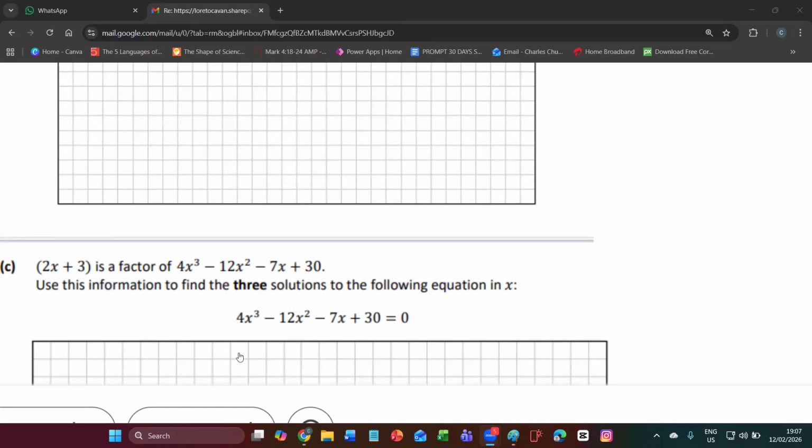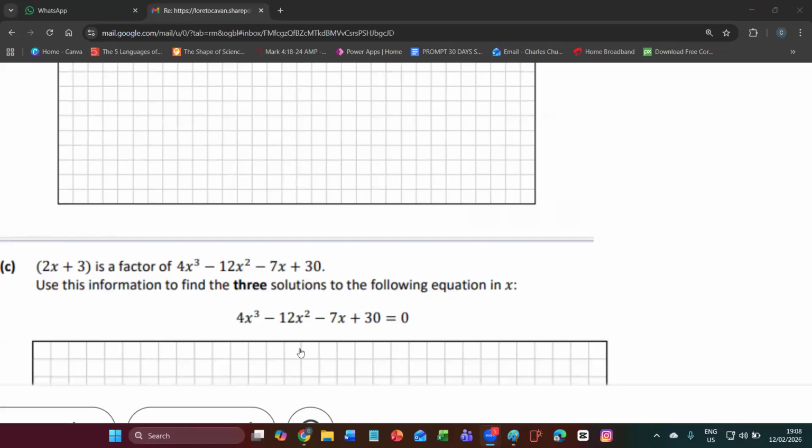Okay, so the first thing we're going to do is, since we're told that this is a factor of this, it obviously means that if we divide 4x cubed minus 12x squared minus 7x plus 30 by 2x plus 3, that division should give us the other thing that 2x plus 3 multiplied by will give you the full function.